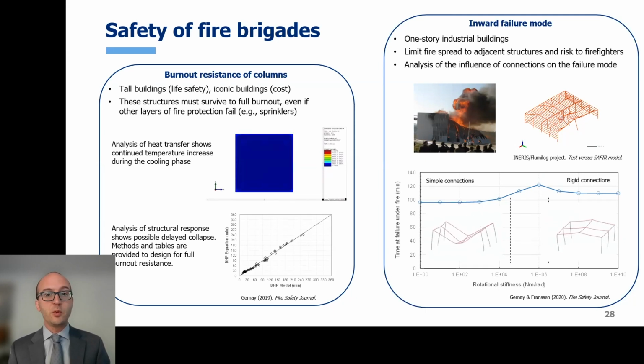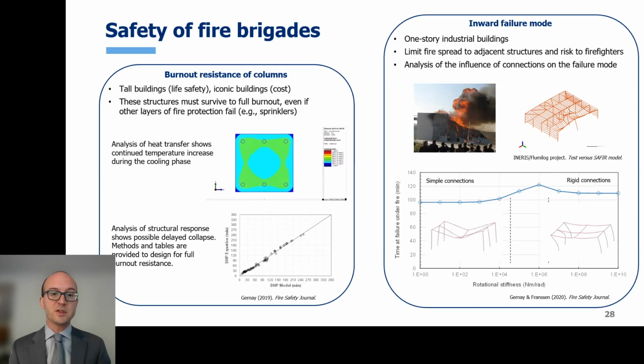And you see that there's been research also, both experimental and then numerical, to make sure that the structural system is such that in case of fire, and if a failure were to occur, it would be an inward failure, which is better to prevent fire spread and for safety of fire buildings. So we worked on understanding, for example, how connections and the stiffness of connections in rotation could influence this failure mode. That's what you see at the bottom of the slide.